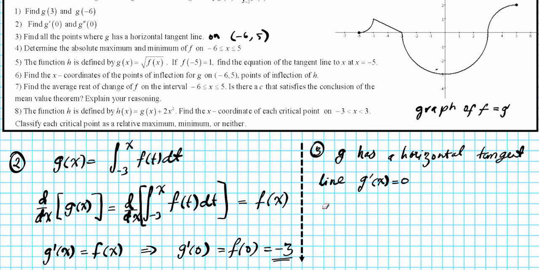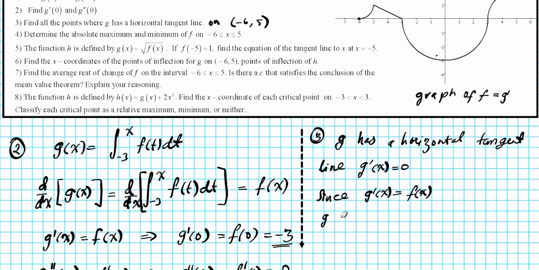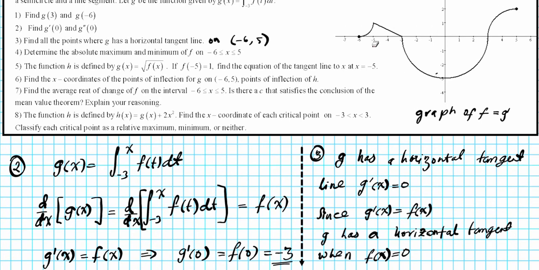Okay, so since g prime of x is equal to f of x, g has a horizontal tangent when f of x is equal to 0. So all we're looking for is where this graph is equal to 0 in the interior.